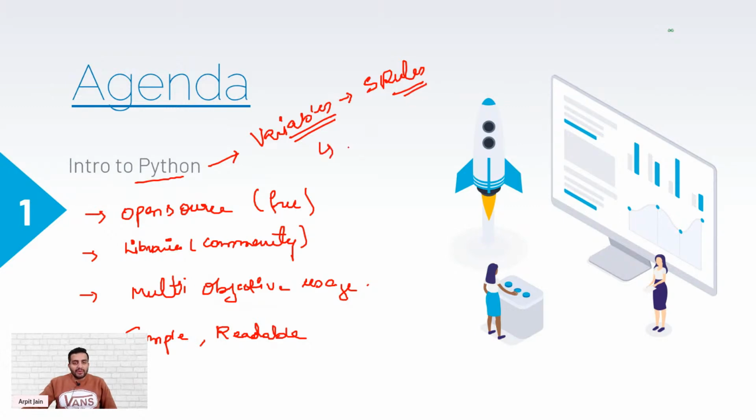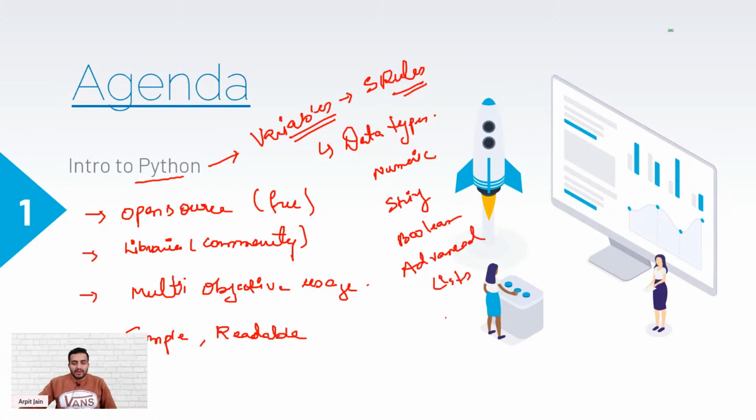And then we talked about the data types, if you remember. In the data types, we talked about numeric, string, Boolean, and then there are certain advanced data types that include list, tuples, dictionary, and set.